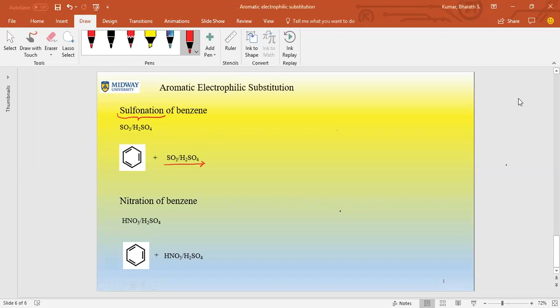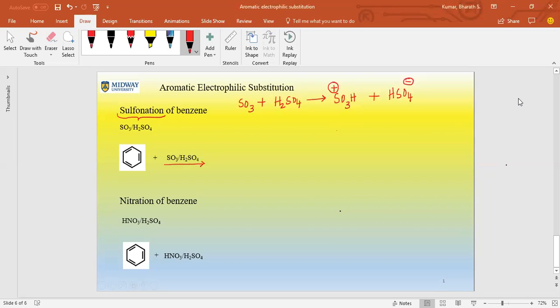So the sulfur trioxide reacts with sulfuric acid, and it produces, now this is what you really have to remember, I'm not sure I'm going to give you that information, SO3H. This is your electrophile, plus you also produce a base, which would be HSO4 minus.